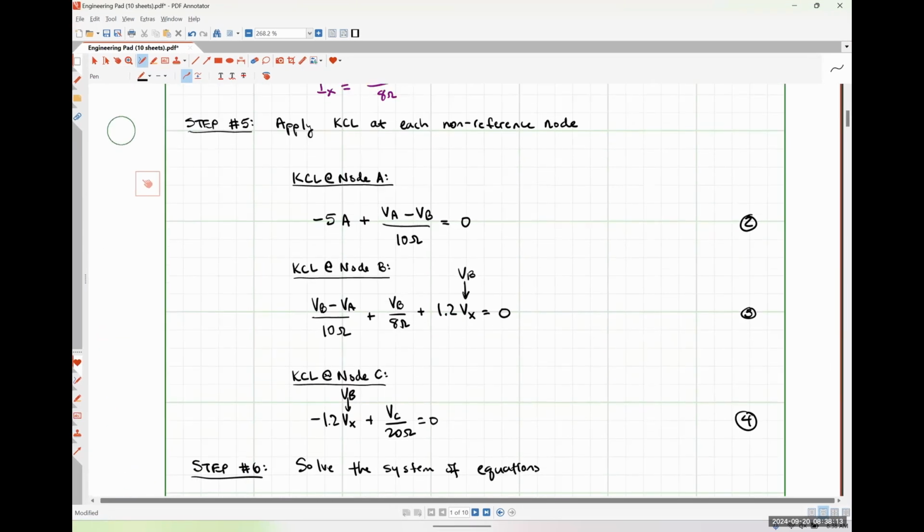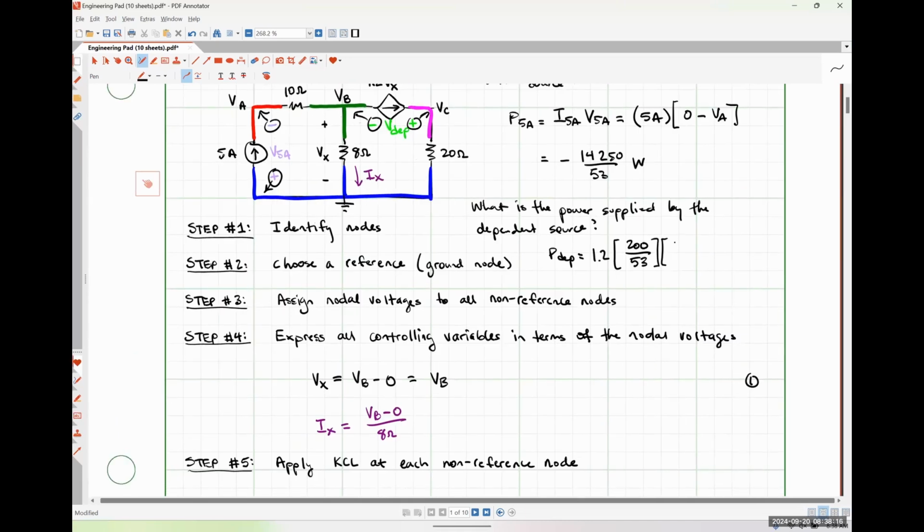So that would be 4,800 over 53, and that should be in volts. Actually, let me back this out really quickly. This 1.2 right here is in amps per volt because that is a voltage controlled current source. If I'm going to use the units, I should use them consistently. Minus 200 over 53 volts. So we're going to wind up having amps times volts, which is exactly what we would expect.